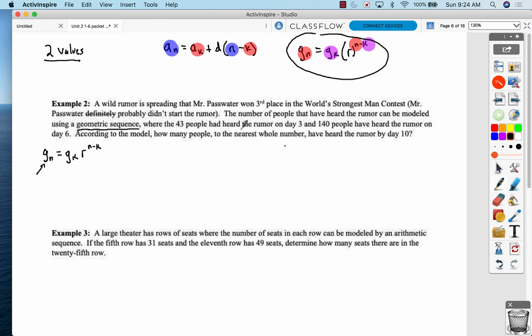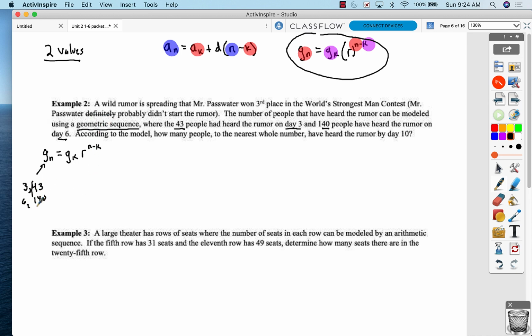They gave us two terms. This is a question about a rumor. On day 3 there were 43 rumors, and on day 6 there were 140, and it increases geometrically.